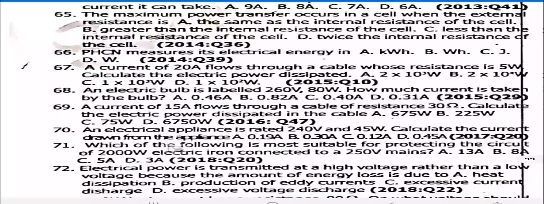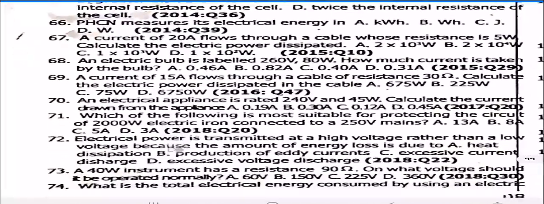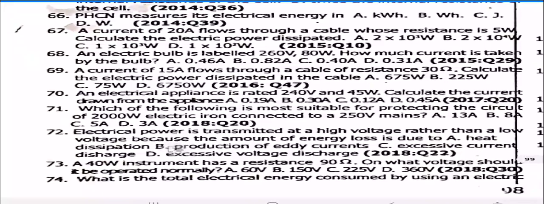I'm trying to check through the other questions here that have to do with calculations. 72. Electrical power is transmitted at high voltage rather than low voltage because the amount of energy loss is reduced.